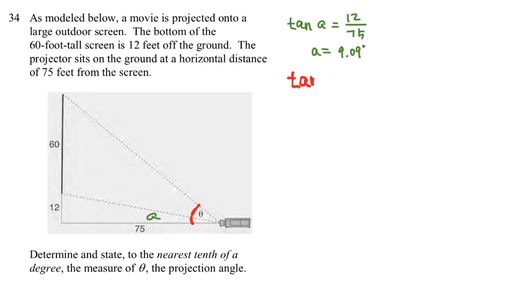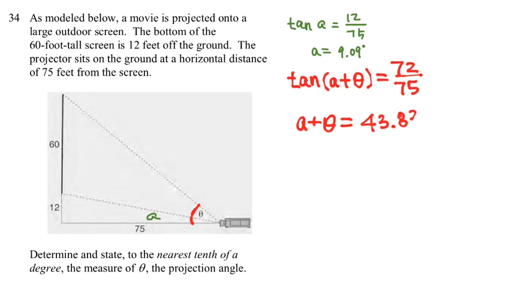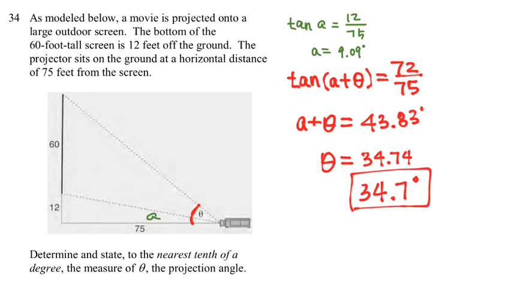So tangent of angle A plus theta will be equal to 72 over 75. Then angle A plus theta must be 43.83. So once you subtract 9.09, we should be able to get angle theta here: 34.74. All right. So 34.7 becomes our answer to the nearest tenth.